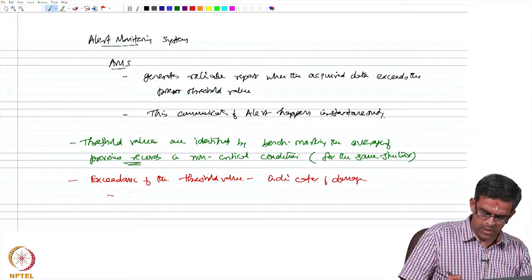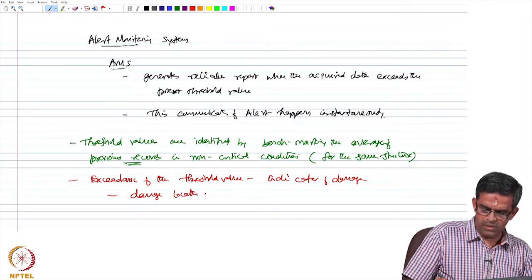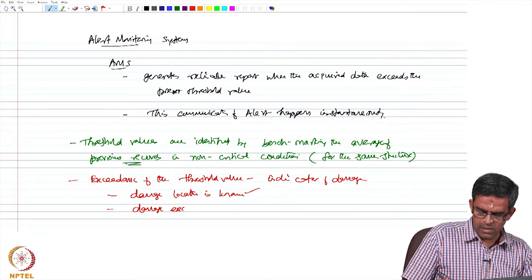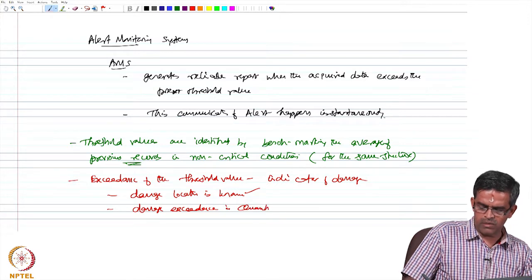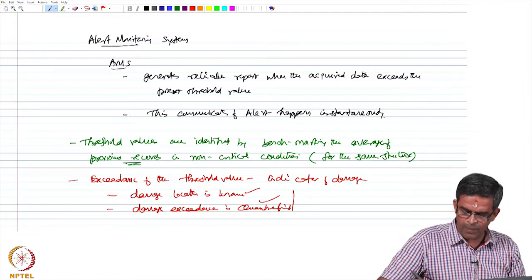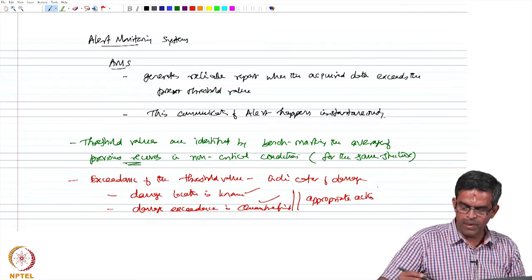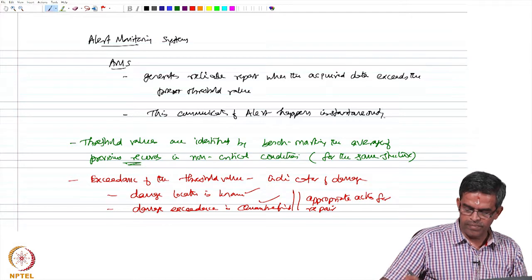So, damage location is known because the sensor location is known, damage exceedance is quantified because it has exceeded the threshold value. Therefore, one can take appropriate action for repairing or reconstructing the structure. Okay.